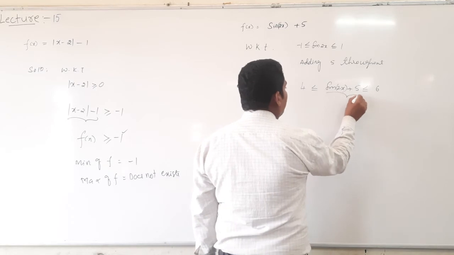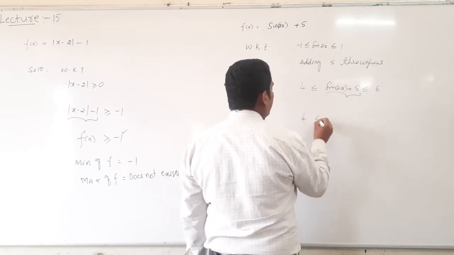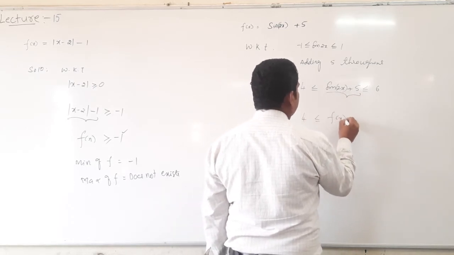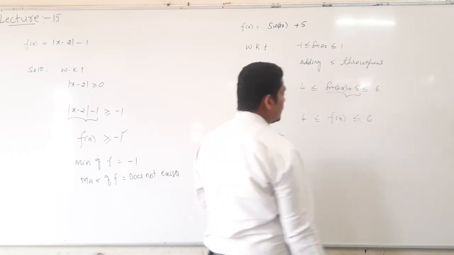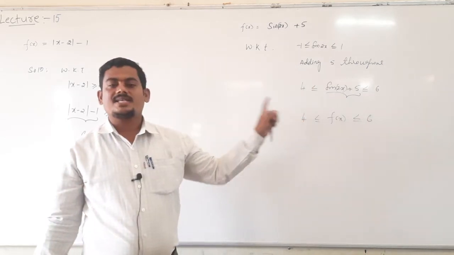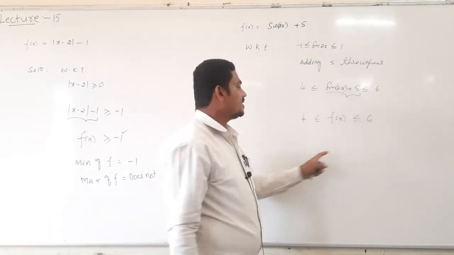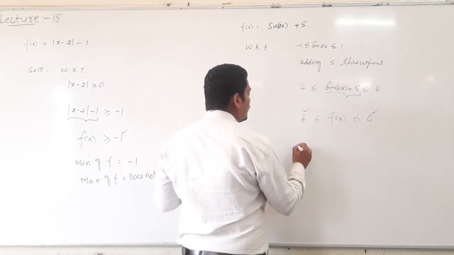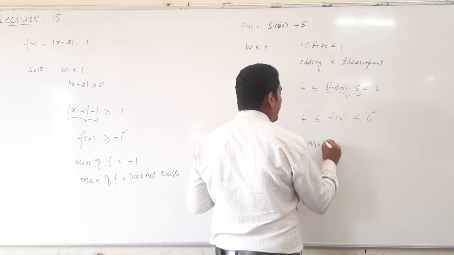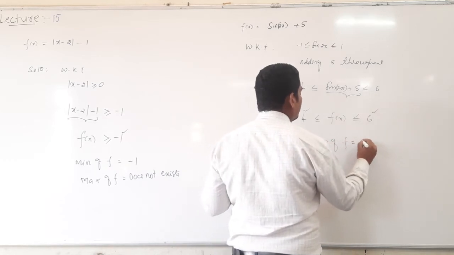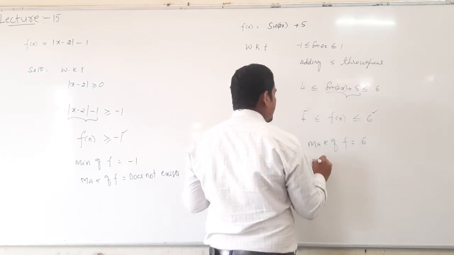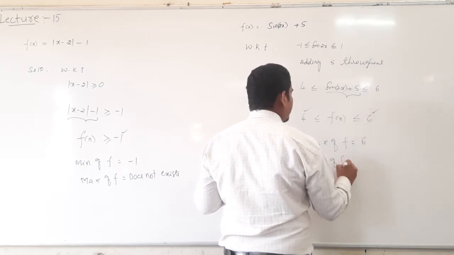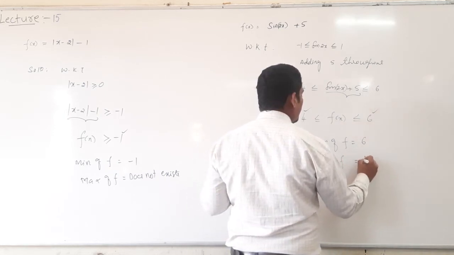Now this is nothing but our f of x only. 4 is less than or equal to f of x, less than or equal to 6. In this case, it always lies between 4 and 6, meaning this is the least value and this is the maximum value. Therefore, maximum of f is equal to 6, minimum of f is equal to 4.